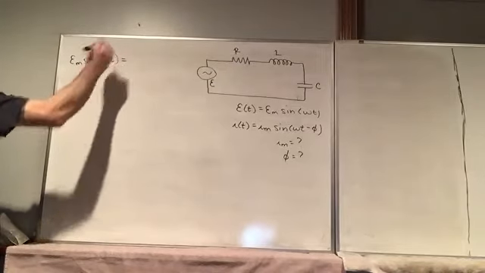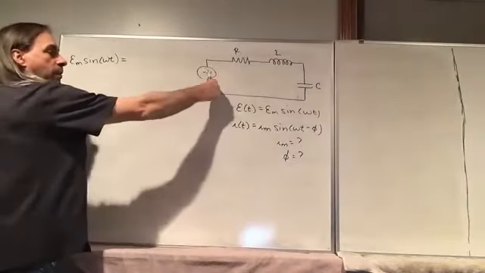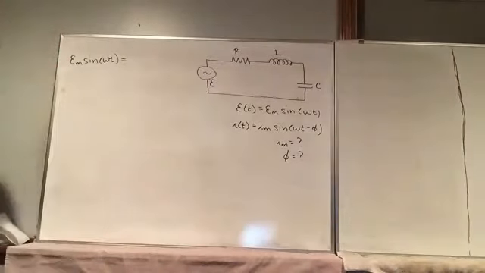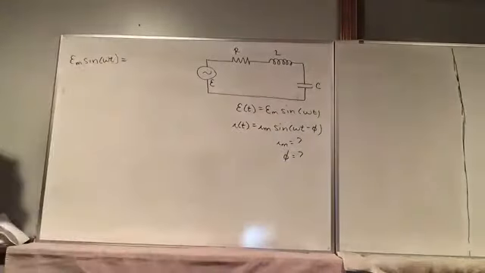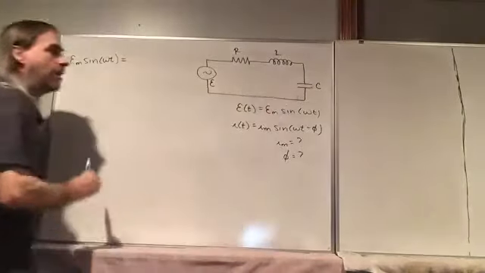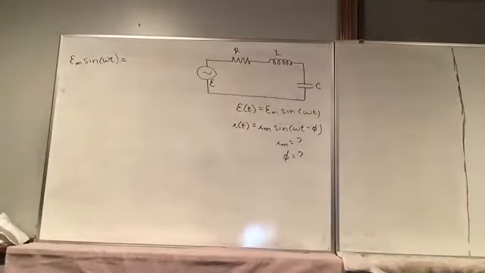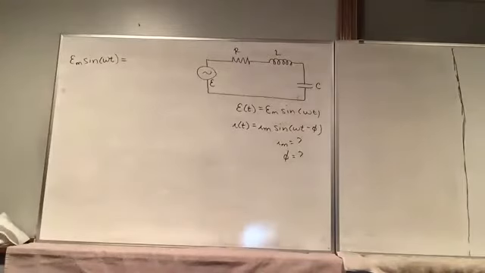here, if we use the loop rule, we have the power supply. The voltage across the power supply is going to be positive, assuming sine omega t is positive. And then we're going to have a voltage drop across each of these elements. Again, that's a bit of an assumption. The voltage drop across the inductor and the capacitor kind of depends on whether or not the current's increasing or decreasing, or how the capacitor is charged.